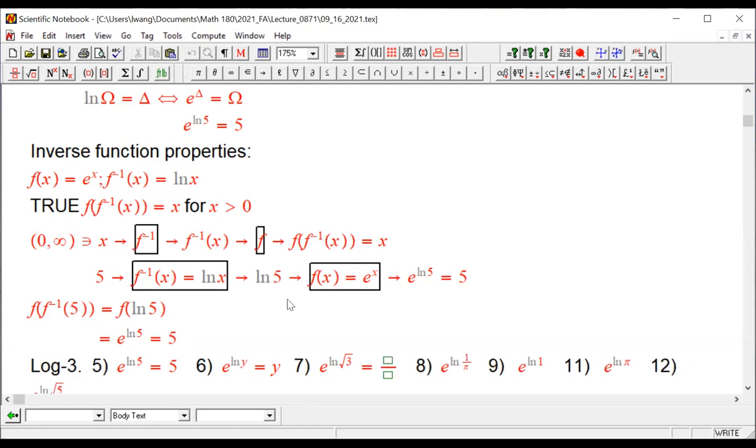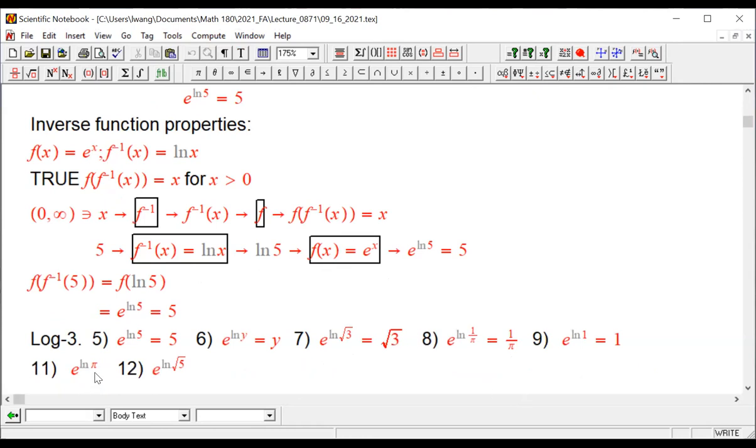Radical 3. Right? How about this one? Whatever that omega is, that's your answer. And this one is just going to be 1, right? How about this guy? Pi. How about this? Right? You got it? That's all you need to know.